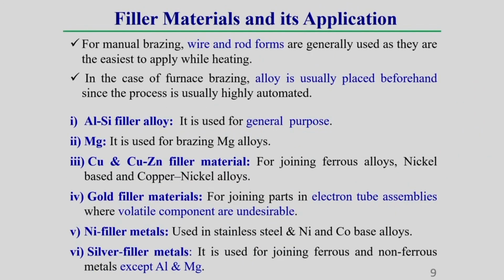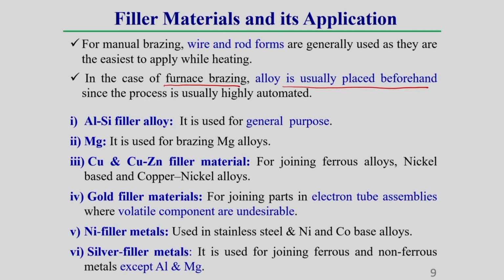Now, this filler material and its application, those things we should also know. The filler material for manual brazing is preferable as wire or rod type of form. This wire or rod form is very easy to use at the required location. That is why in manual brazing, wire and rod forms are generally used. In the case of furnace brazing, in the second point I have written that the alloy is usually placed beforehand.